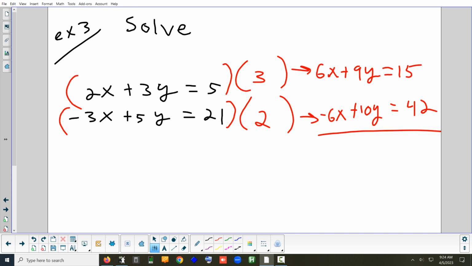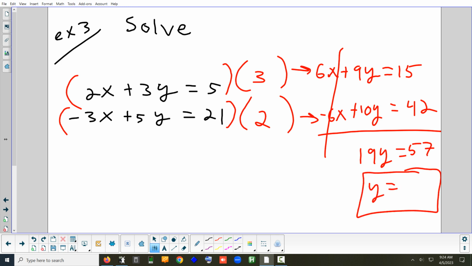Now, add them up. X column eliminated. That's why this is called elimination. So x's are gone. And we get 19y equals 57. And you will get a nice answer for that. What 19 times what is 57?